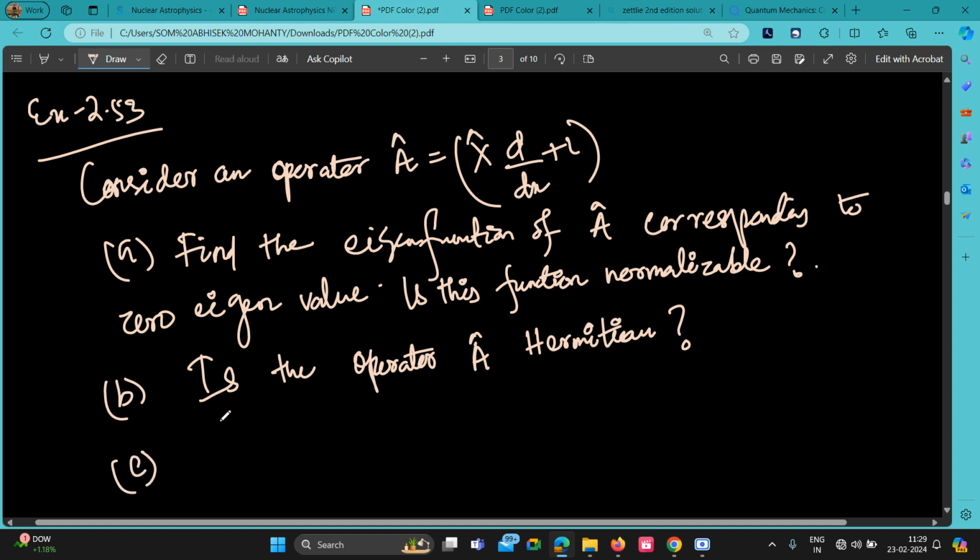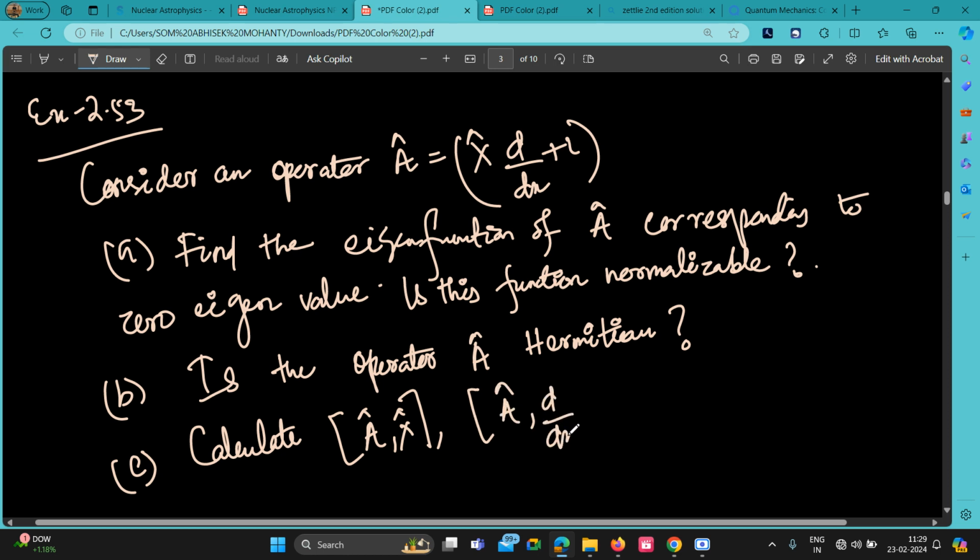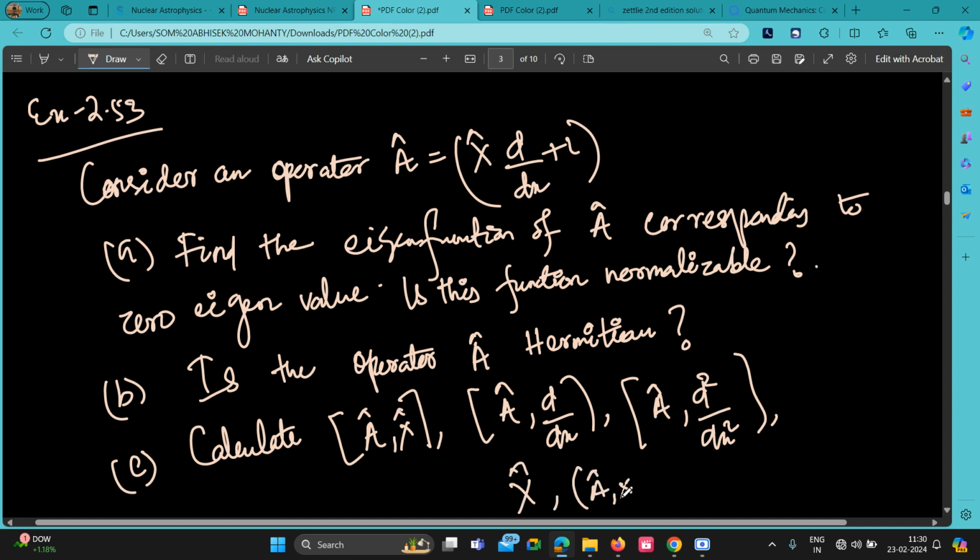Option C: calculate the commutators [A, x], [A, d/dx], and [A, d²/dx²], then [x, A] and [d/dx, A].